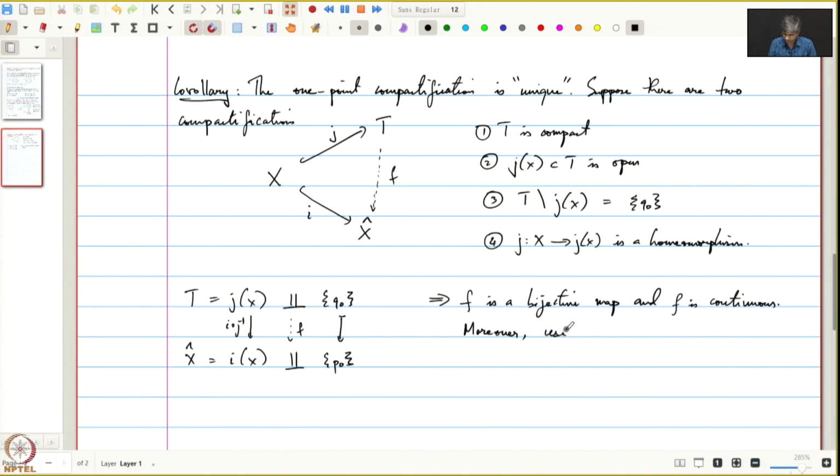Moreover, using the result, as T is compact and X hat is Hausdorff, we get that F is a homeomorphism.